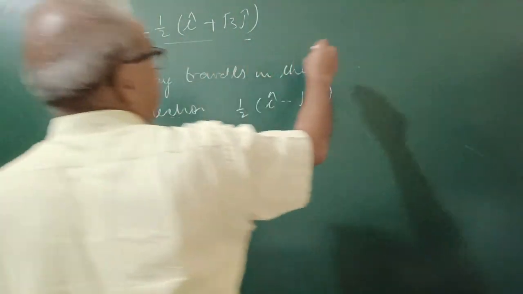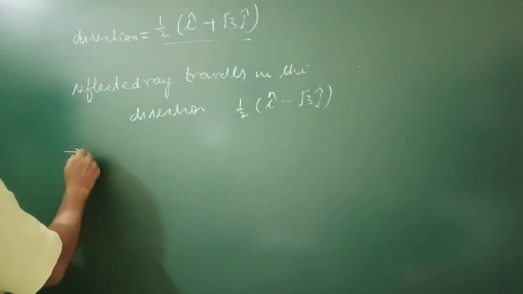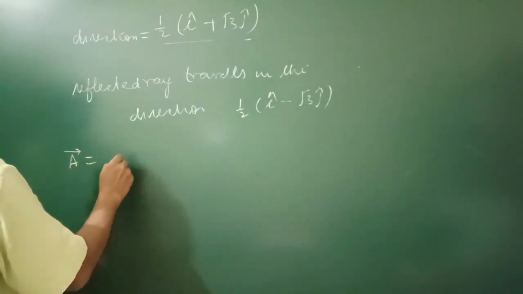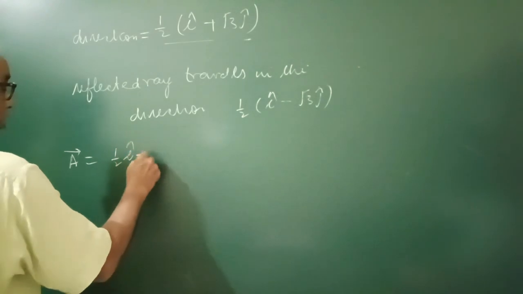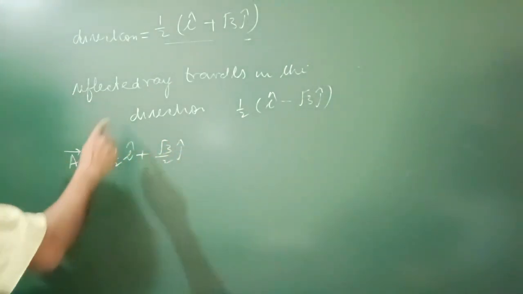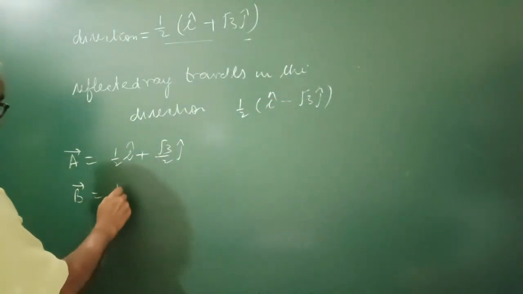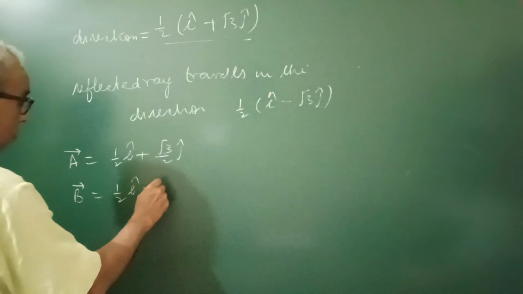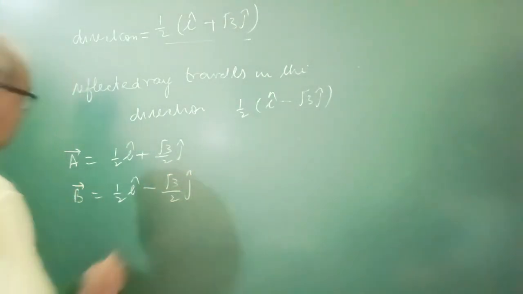Let this direction be given by vector A. So let vector A equal to, actually it is half i cap plus root 3 by 2 j cap, and the reflected ray travels along vector B equal to half i cap minus root 3 upon 2 j cap.